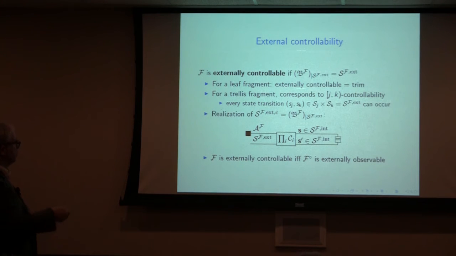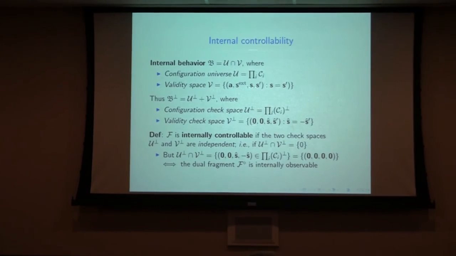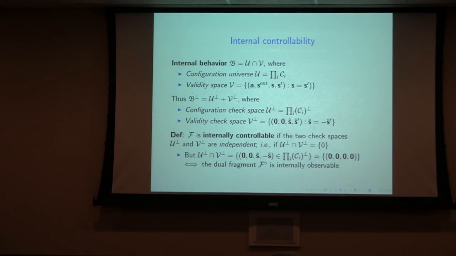This is, in fact, generating the external variable. And here the proof is we just observe that this is the dual realization to what we have earlier. So F is externally controllable if and only if F naught is externally observable. Internal controllability we do in a different way.